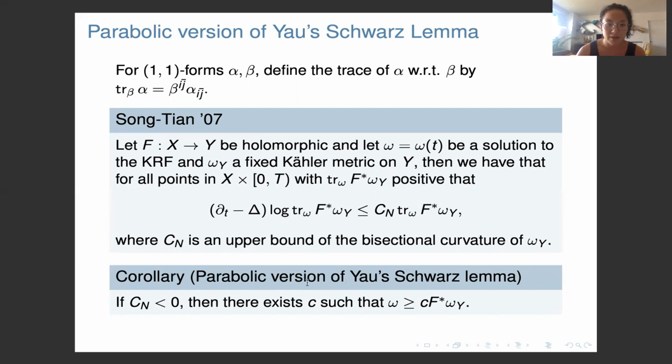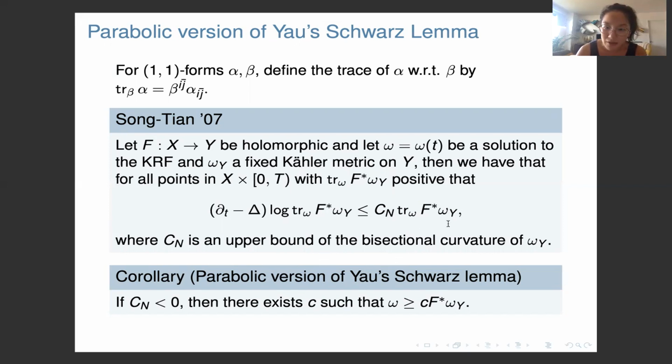A corollary of this looks like a parabolic version of the Yau-Schwarz lemma. It's saying that if C_n is negative, then the right-hand side is negative. And so at a maximum, the time derivative will be positive, and negative Laplacian will also be positive. That immediately gives us an upper bound on this trace.